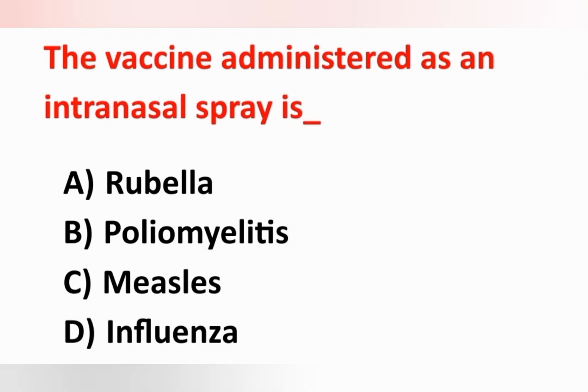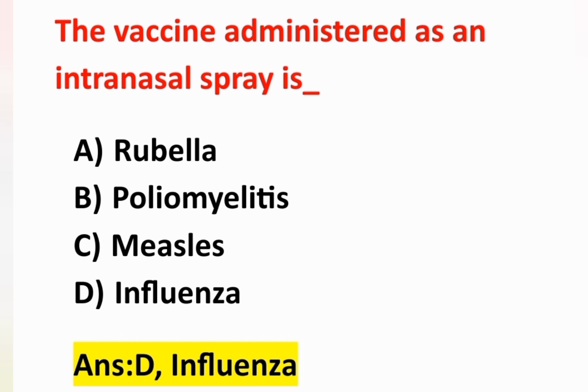And the next question, the vaccine administered as an intranasal spray is: option A, rubella; option B, poliomyelitis; option C, measles; and option D, influenza. The vaccine given as an intranasal spray is option D, influenza vaccine.